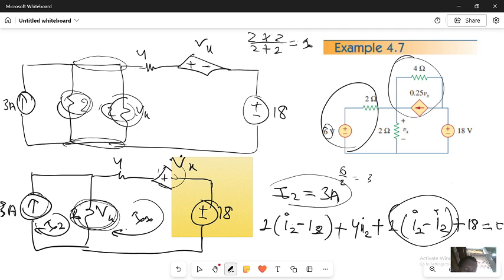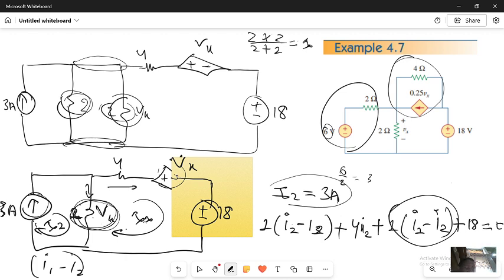Why Vx? When we write Vx, we have to see it in the circuit. Vx is this one. We understand how it comes with the 1 from here. Now Vx equals this one, which equals what? Vx is the 1, the resistance, multiplied by the currents. Which currents? I1, since I am in mesh 1, I1 minus I2. That's the current across this resistor. How? Because it comes from KCL. This I1 is coming this side, and this current flows in this one.